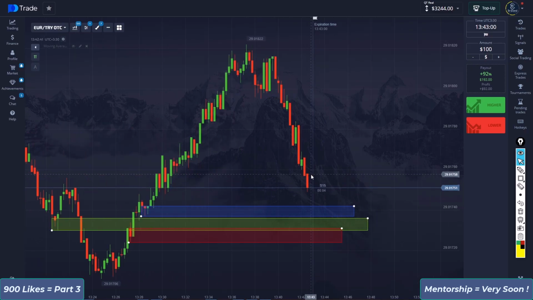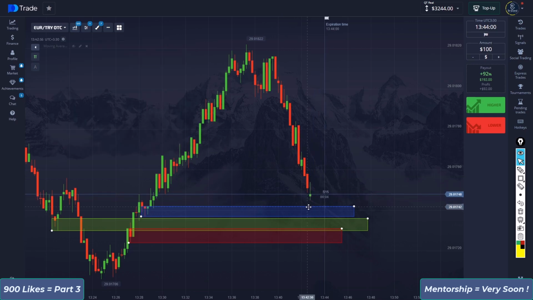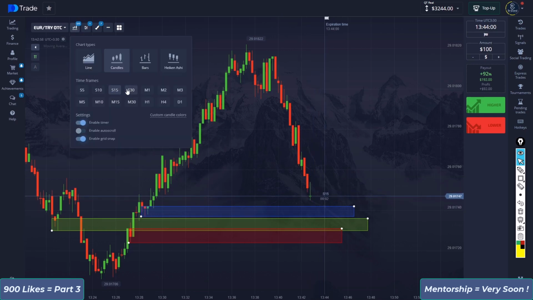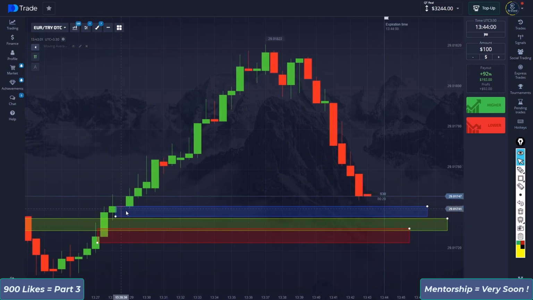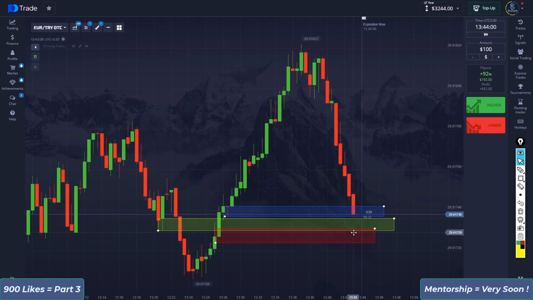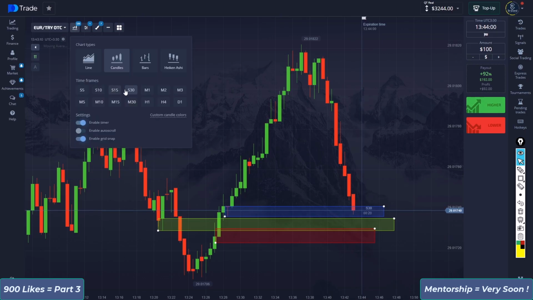Let's see. I will take 2 trades on this setup. Yes, it's coming down. This is the 30-second doji. This is the doji as first rally, base rally. It might react from here and then go up, but we prefer to have the best possible entry. Okay, it's coming down.